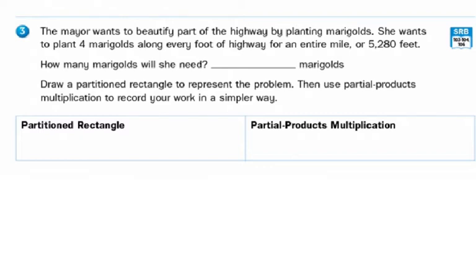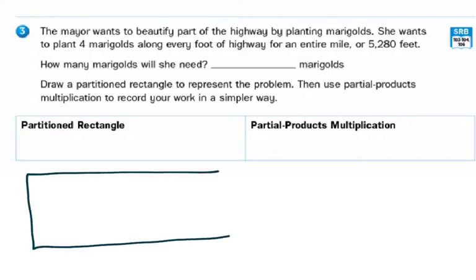So if you remember how we did partitioning of the rectangles, we drew a rectangle. So you're going to do this on journal page 119. You'll take the 4 marigolds on the side and then take 5,280, and let's take each place value and multiply it.